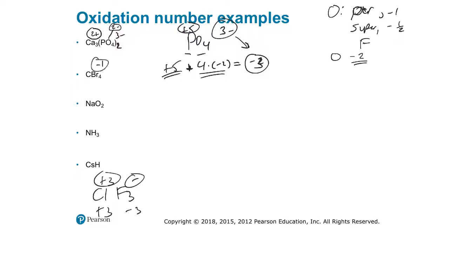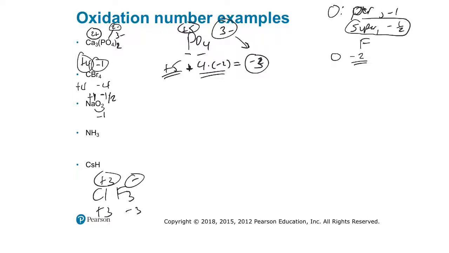So bromine here is just -1 for the normal oxidation number of a halogen, -4 for the 4 of them, so +4 for carbon. NaO2, we know sodium is a +1. That means we have a -1 spread across the 2 O's, so that's a -1/2. So that's sodium superoxide, and that comes back to the oxidation number of oxygen in superoxide being -1/2. So oxidation numbers are a per atom description.